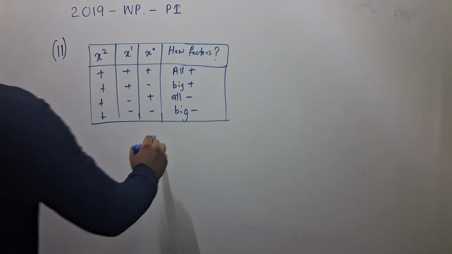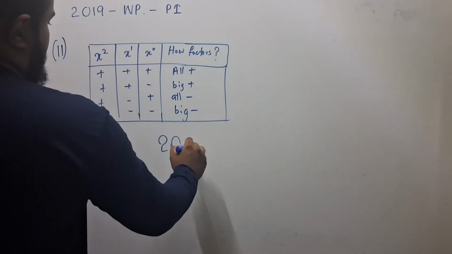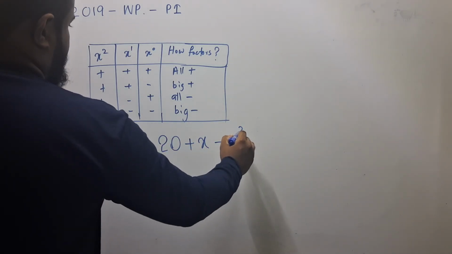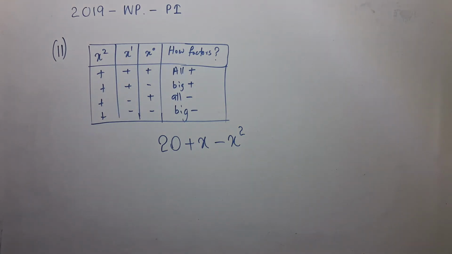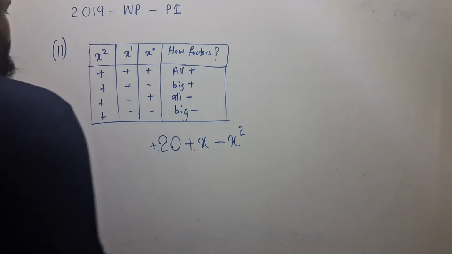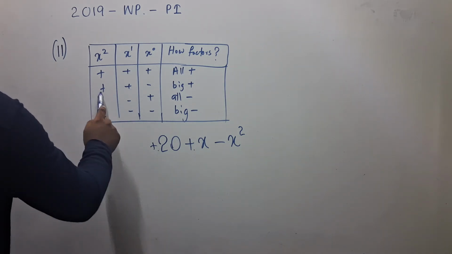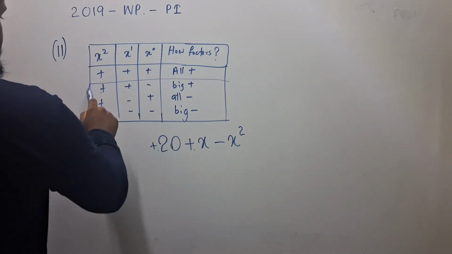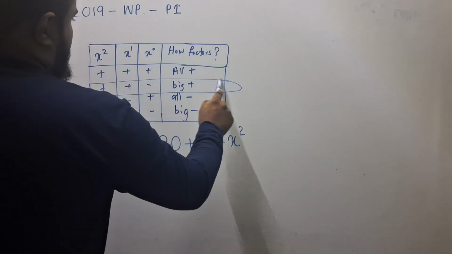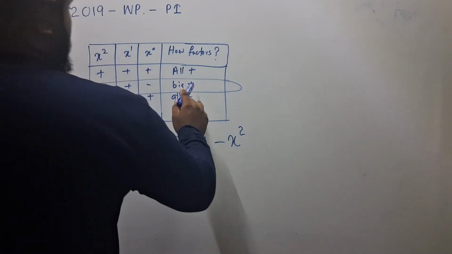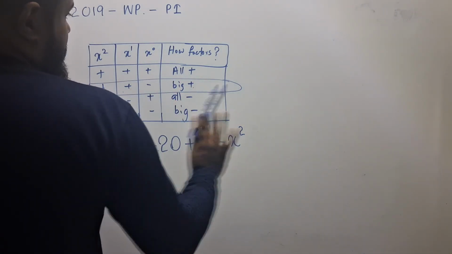So the given question is 20 plus x minus x squared. This is in the plus, plus, minus pattern. When you are factorizing, you have to take the big positive value and the small negative value.